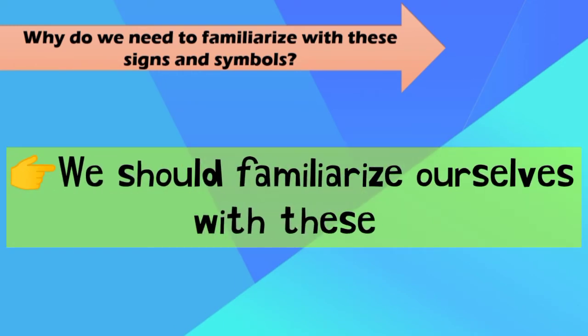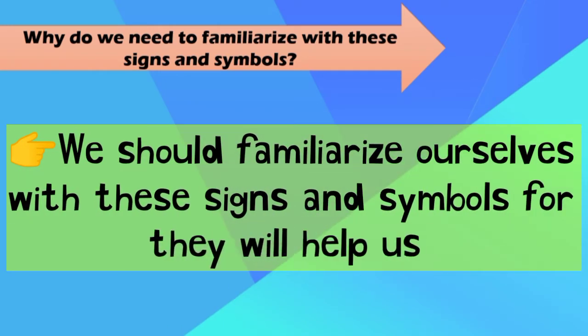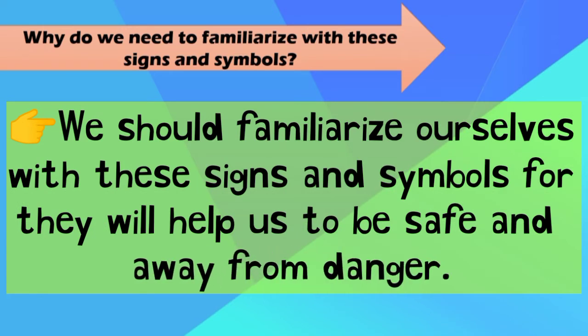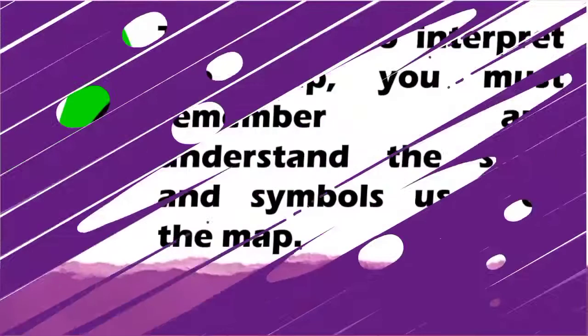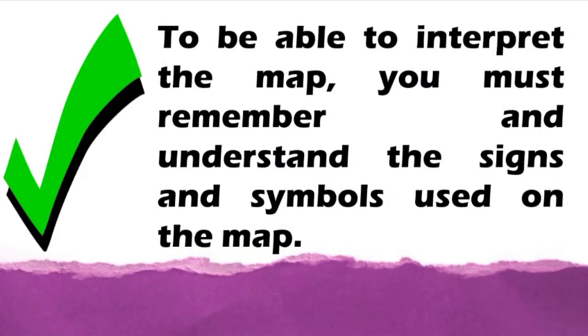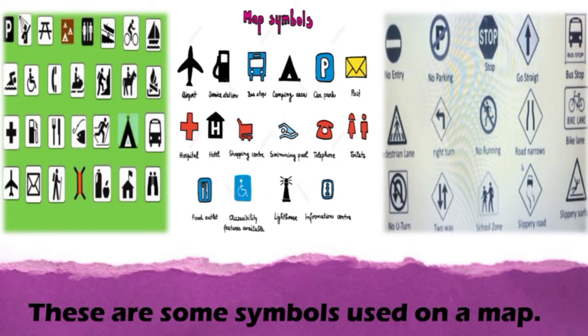Alright, we should familiarize ourselves with the signs and symbols, for they will help us to be safe and away from danger. Kids, to be able to interpret the map, you must remember and understand the signs and symbols used on the map. These are some examples of symbols used on a map.